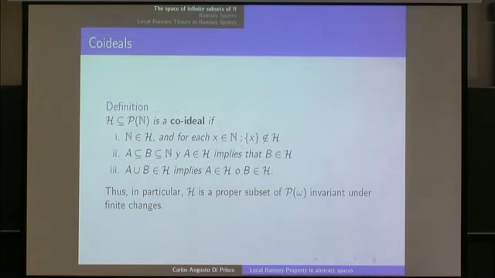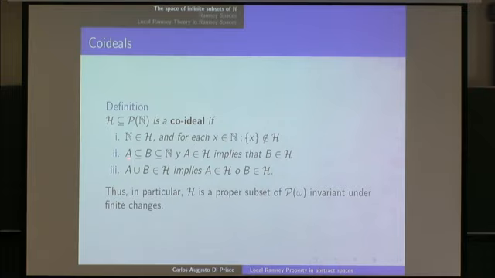Now, Mathias also introduced a notion that he called happy families in his paper, and to define that, I will actually use a different term. A subset of the power set of the natural numbers is called a coideal if it does not contain finite sets, actually it doesn't contain singletons.